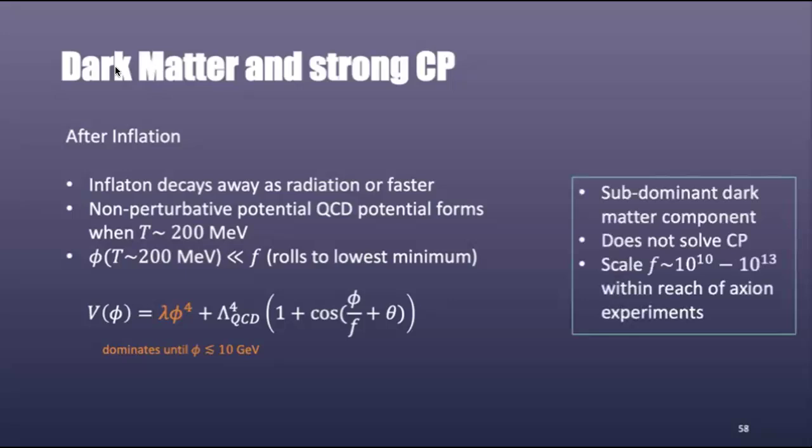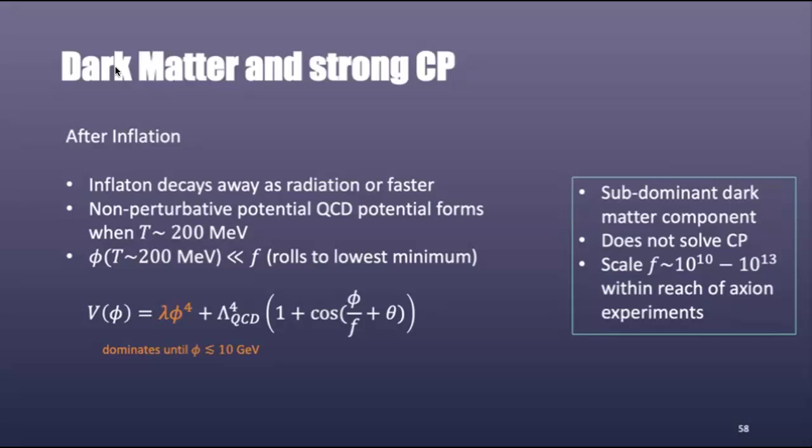But now what are the issues here? Because you decay away so fast, you don't expect this to be a dominant dark matter component. And this also does not solve strong CP. In a way, you still have a tuning there to align those two minima with each other. So right out of the box, this mechanism does not give you a nice explanation for the strong CP problem.